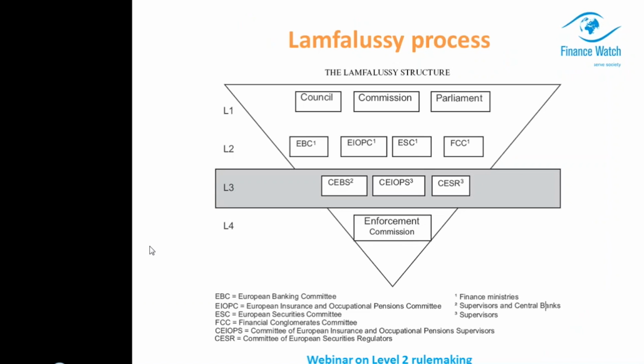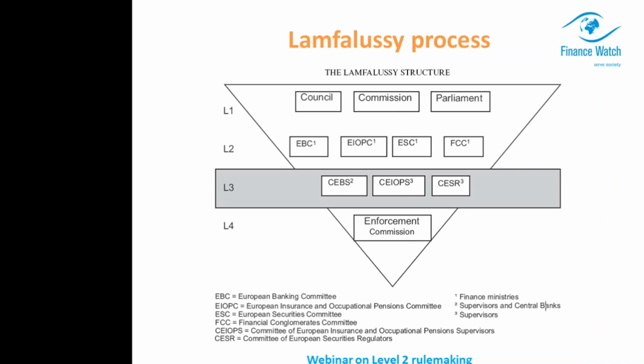All those committees were supportive committees for the establishing of the level 1 legislation, but they were created from representatives of the member states. And then we have the so-called level 3 committees, which were CEBS, CEIOPS, and CESR, that after 2009, after the recommendation from the de Larosière report, changed into the European Supervisory Authorities.